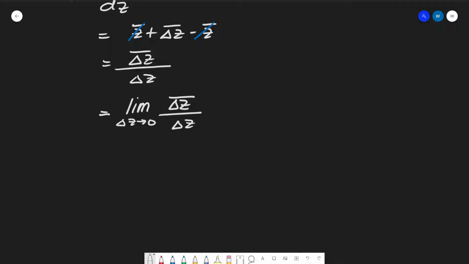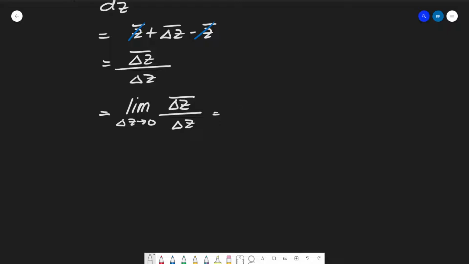So, we need to look for another way. Is this function actually differentiable? Because it becomes undefined. Maybe there's a way. So from delta z, since z is equal to x plus jy, delta z is equivalent to delta x plus j delta y.